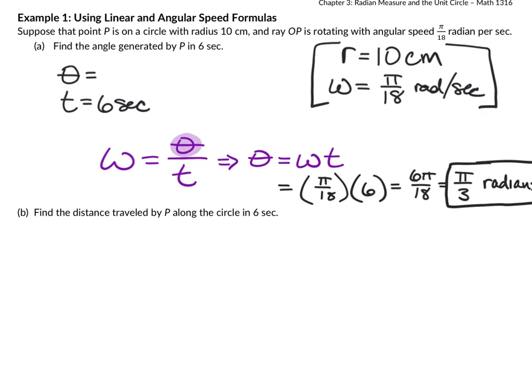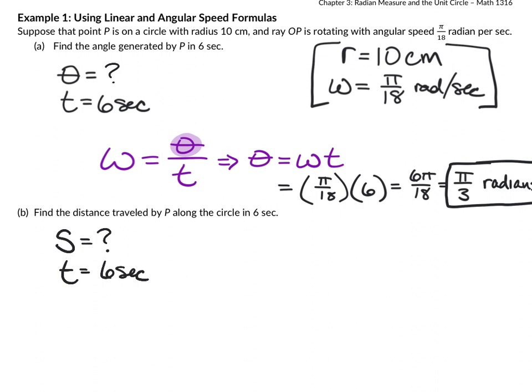Okay, so this problem says find the distance traveled by P along the circle in 6 seconds. The distance traveled, not velocity, the distance traveled by P along the circle, that means I'm asking for the arc length. And I was given time again. Now don't forget, I still have R and omega from the beginning of this problem, from the given.